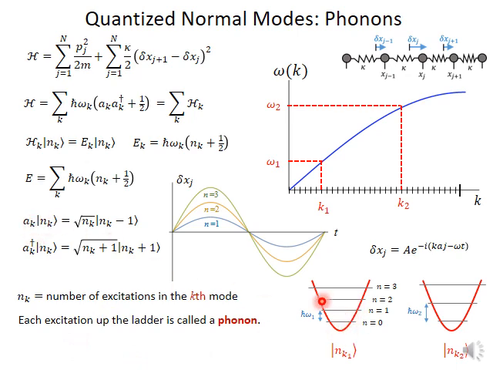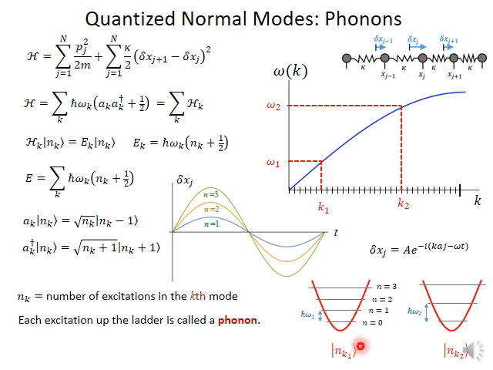So either you excite the system by one quantum number, or you de-excite it by one quantum number, and one quantum of these energies by which they are excited is called a phonon. So if n equals 2 is your eigenstate for this particular k, then it would mean that you have two phonons in that particular mode.